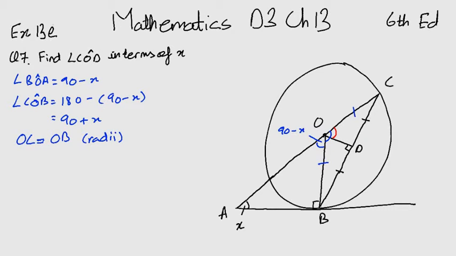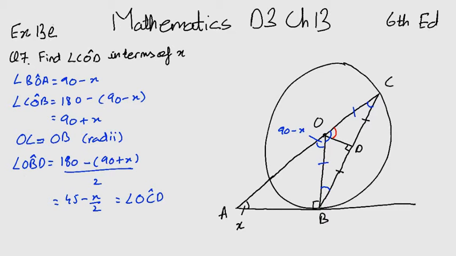Now we notice that OB equals OC because both of them are radii, and noting that the triangle OBC is isosceles, we can find angle OBD, which is equal to the angle OCD, and so together they get the value 45 minus X by 2.